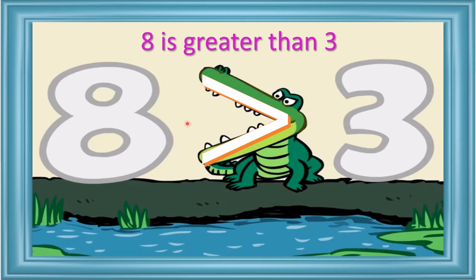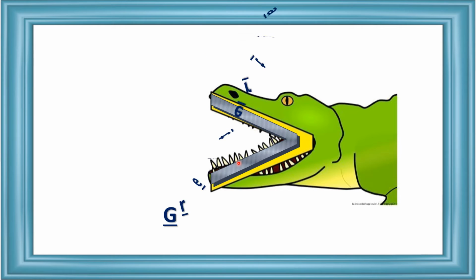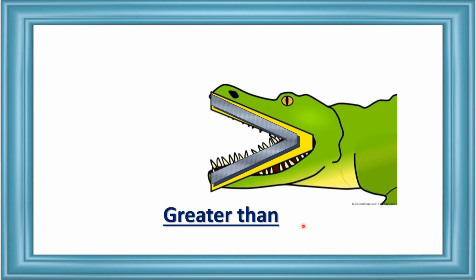Open side always tells us about the greater number. Now dear children, here you can see the crocodile opened its mouth, and this symbol tells us greater than. Means in front of this open side we always write the greater number. Okay? The first number is greater, and here we will write the second number. Got this?